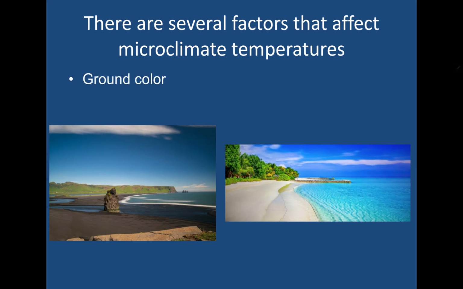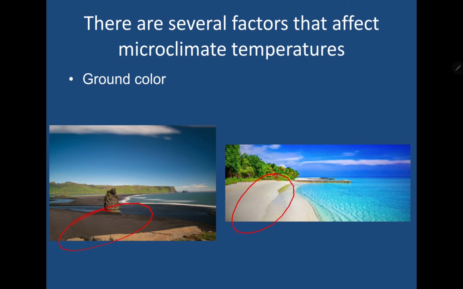Next, let's discuss the effect of ground color on microclimates. So some soil, sand, or ground colors heat up faster compared to others. This is related to the amount of light that these colors can absorb from the sun. For example, even under very similar macroclimates, black sand can heat up faster compared to white sand.